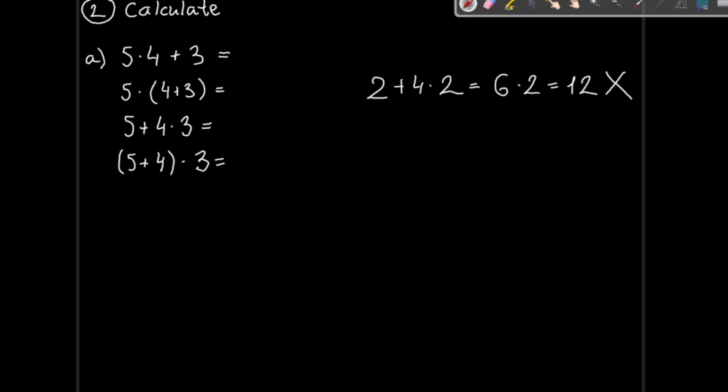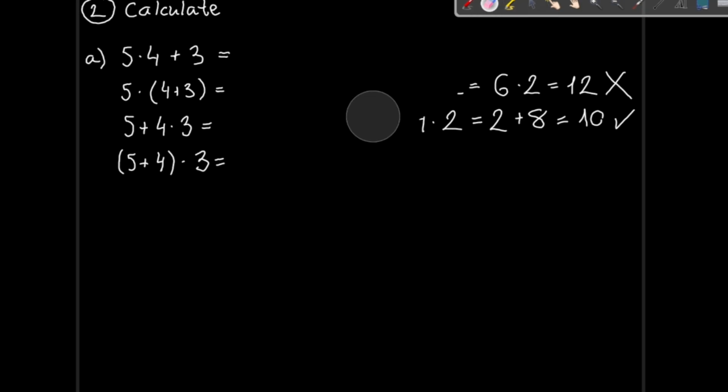But that is wrong. That is not correct. What we need to do is multiply first, and then add these 2 numbers together, and that is the correct answer.